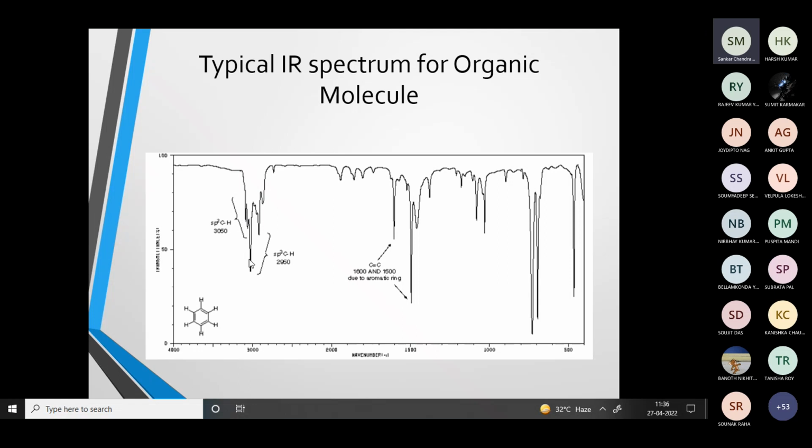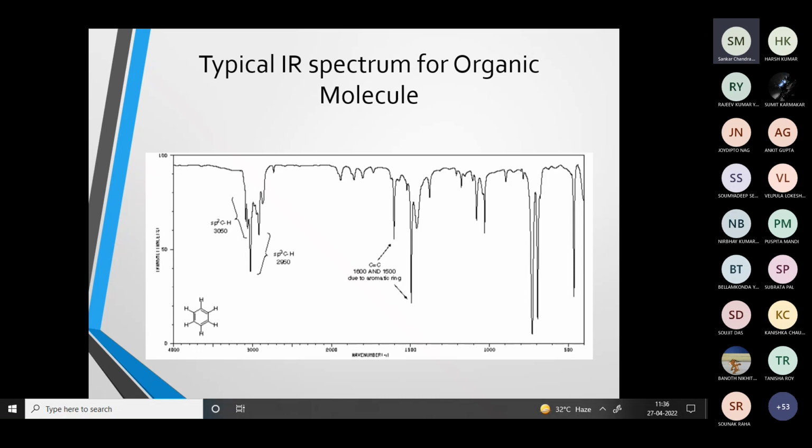This peak is very important for the sp2 carbon-H bond. But another moment it will be sp3, so that is 2960. Okay, so two types of bonds are there, the carbon-carbon single bond and the carbon-carbon double bond, that we can say from this spectrum.